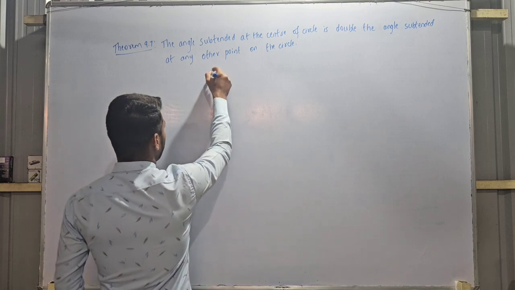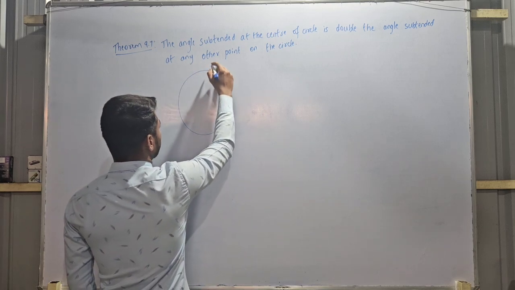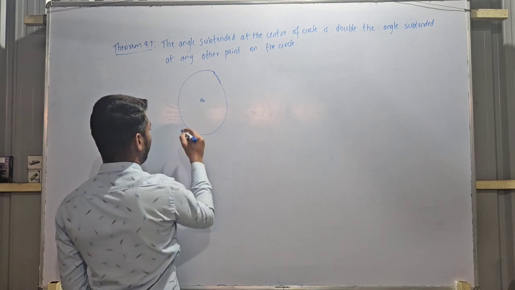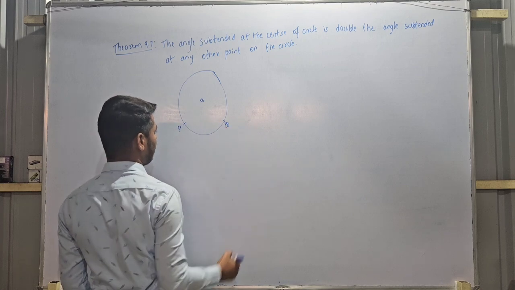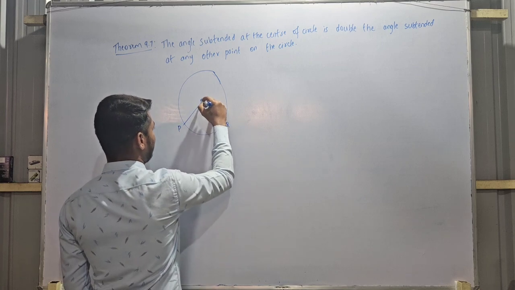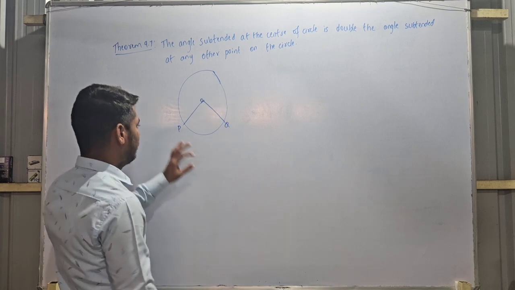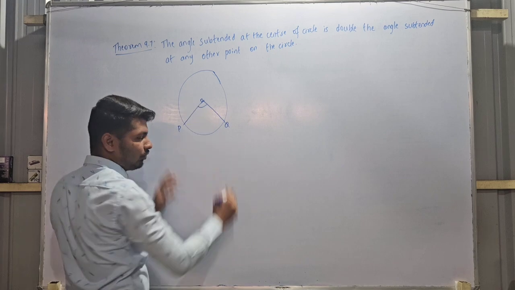That means here we need to take a circle. This is the circle, and this is the center of the circle. Let there be an arc PQ. Here let us join OP and OQ. If we join OP and OQ, one angle will be formed like this.